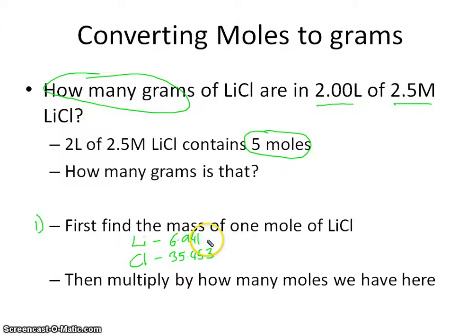Okay, and we've only got 1 lithium and 1 chloride, so we just multiply by 1. 6.941 multiply by 1. 35.453. Now we add it up because we want the mass of all of this, and we get 6.941 plus 35.453. We get 42.394 grams. So 1 mole weighs 42.394 grams.